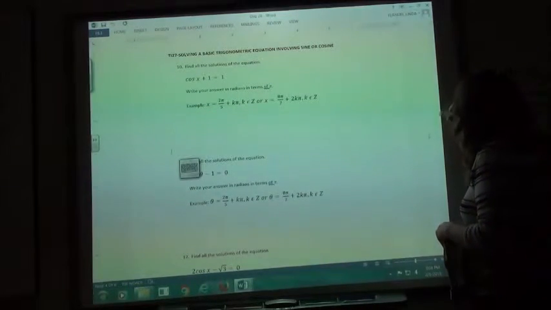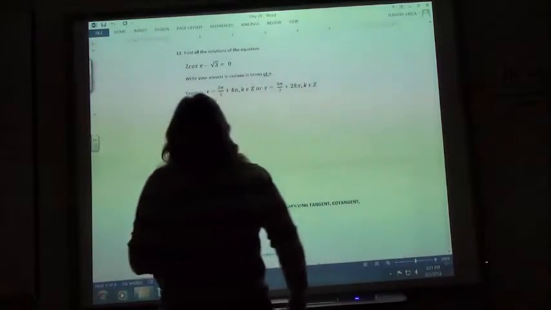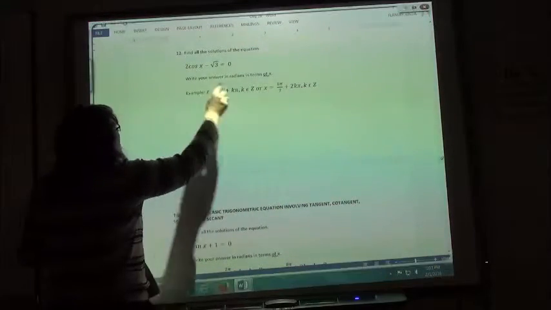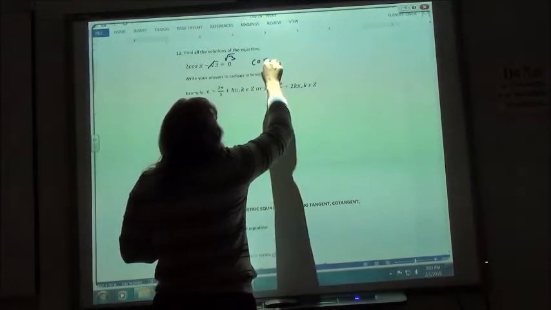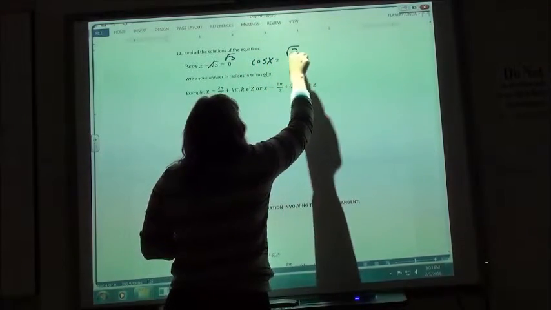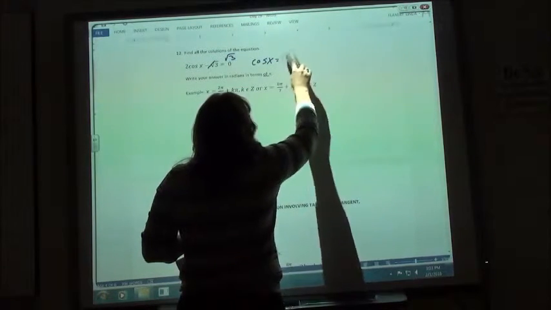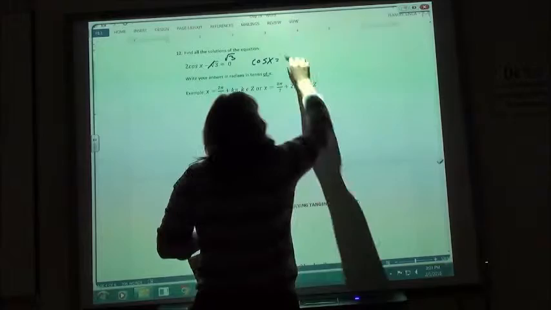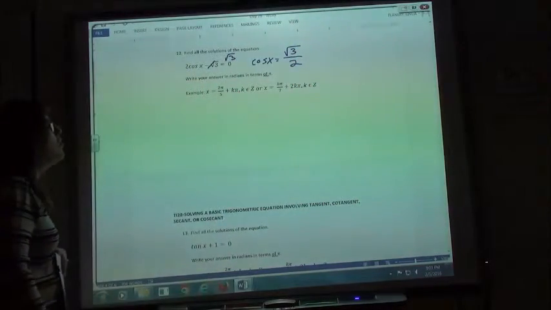If we look at the third one here, the third one's probably going to look closer to our answers normally. If I solve this, I'm going to add my square root of 3. So cosine of x is going to equal square root of 3 divided by our 2, since we have to divide by the 2 to solve that.